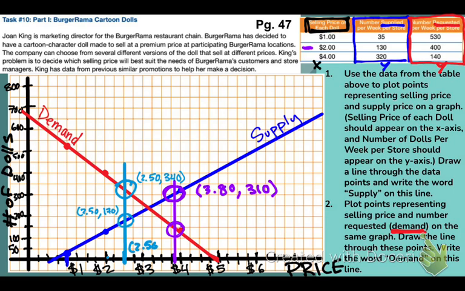And for the demand, looks like it might be just above that line. I'm going to say at 380 we have right about 160 dolls. And that's just an approximation. If you had a little bit different, that's okay.